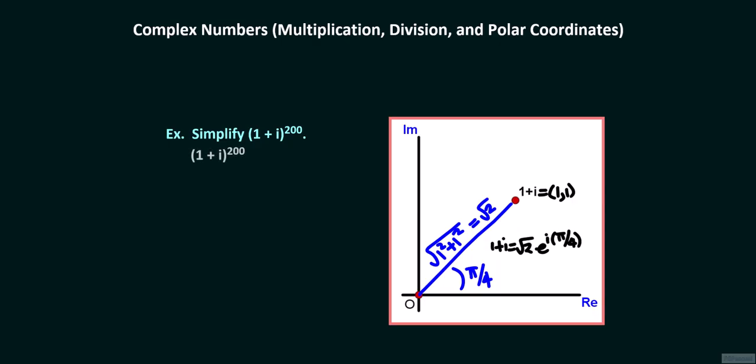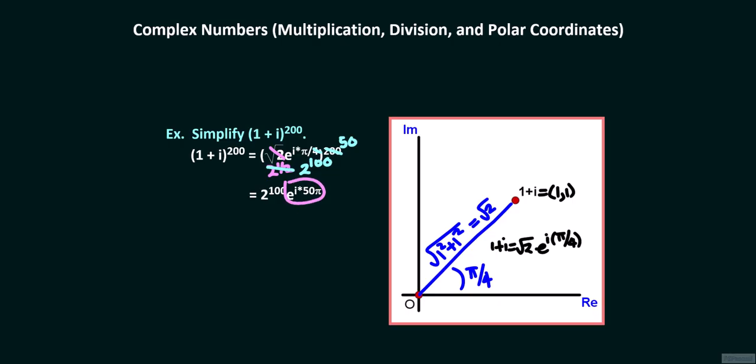Hence, the quantity 1 plus I raised to the 200th power equals the quantity the square root of 2 times e raised to the power I times pi over 4 raised to the 200th power. Square root of 2 is 2 raised to the half power, and 200 over 4 is 50. So the quantity 1 plus I raised to the 200th power equals 2 raised to the 100th power times e raised to the power I times 50 pi.